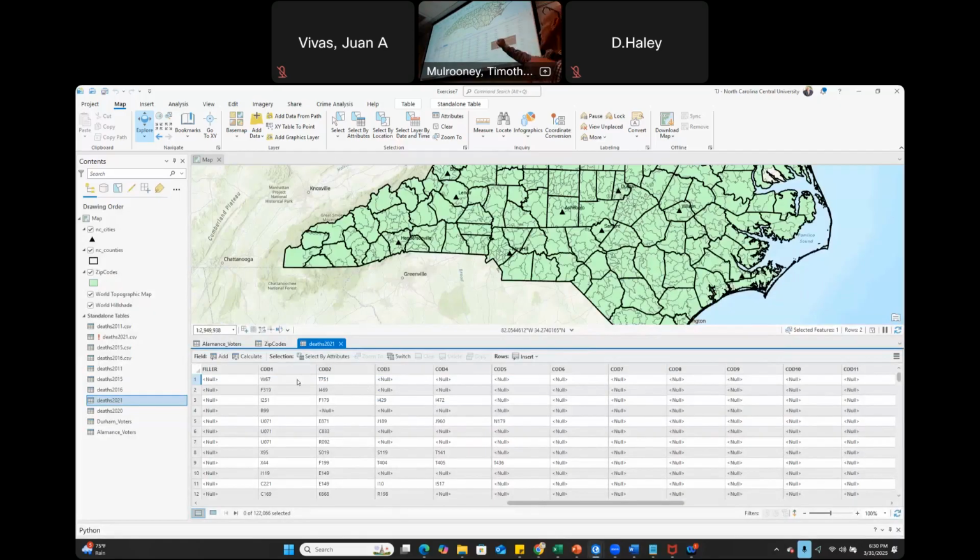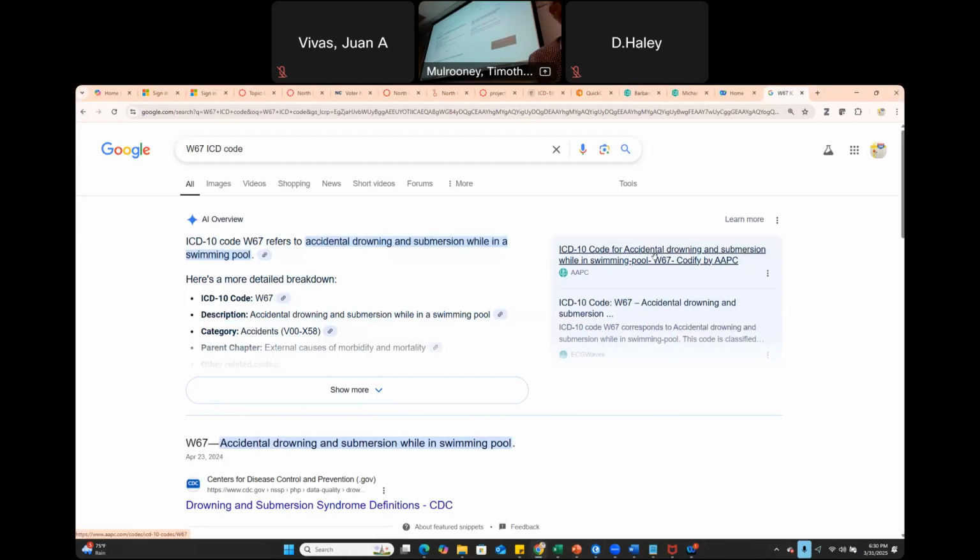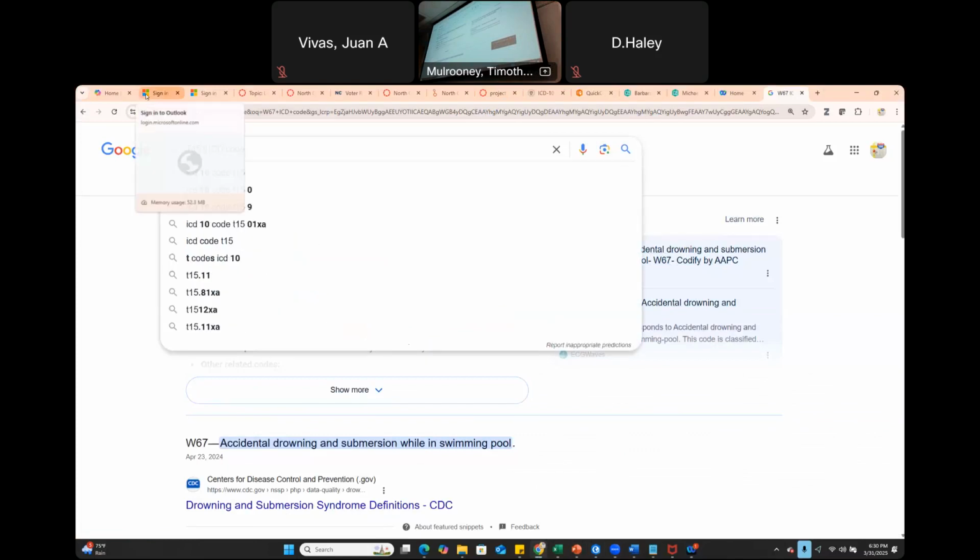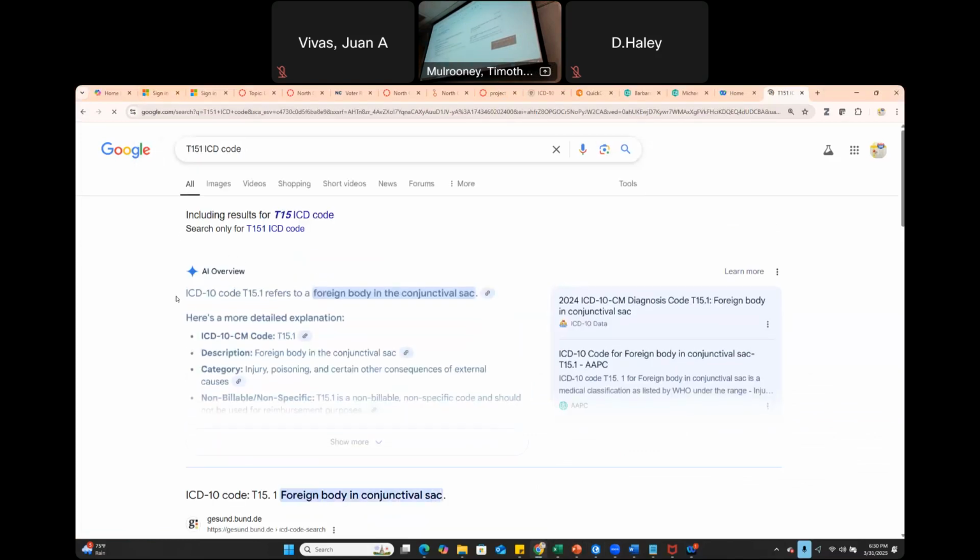Okay. So this poor kid died of drowning, and a secondary cause, which was T151. I'm not sure what that is. But remember, we can Google these. T15, foreign body and injury, poisoning.